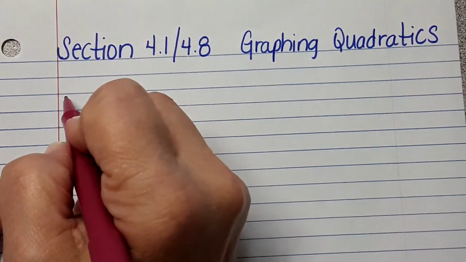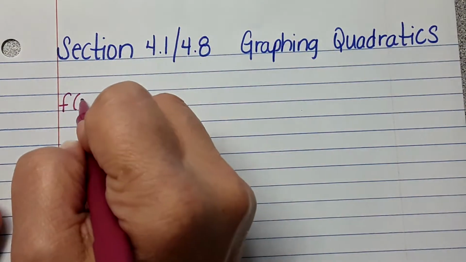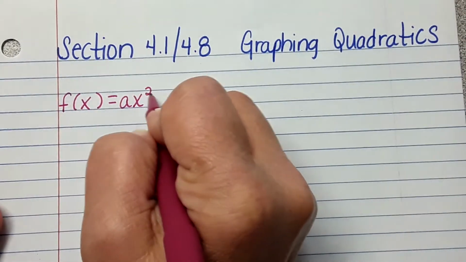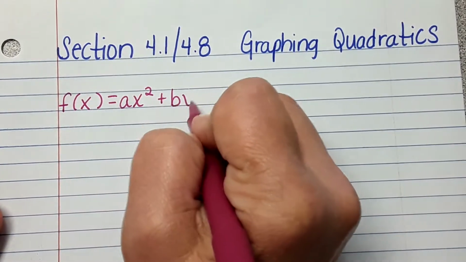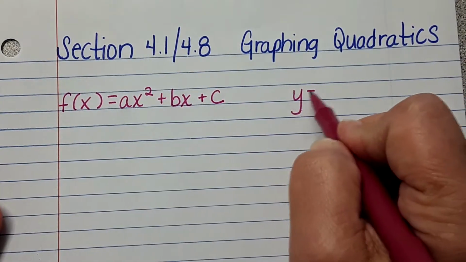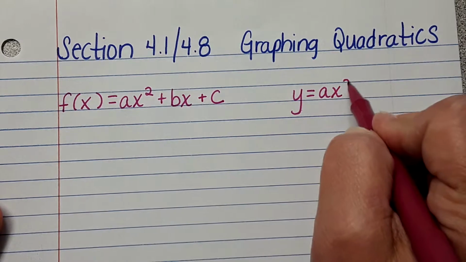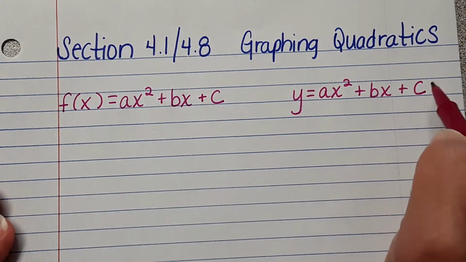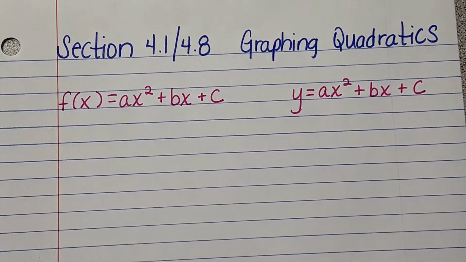It's going to be written in function form, where f of x equals ax squared plus bx plus c, or it's going to be y equals ax squared plus bx plus c. And a, b, and c are all numbers, okay?